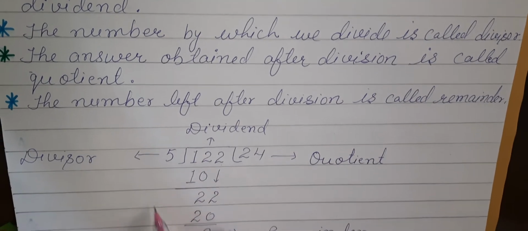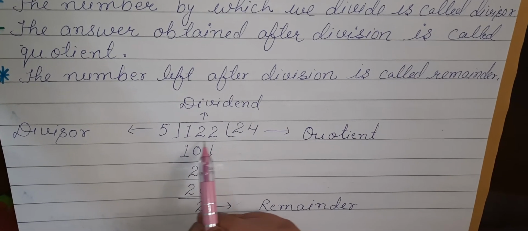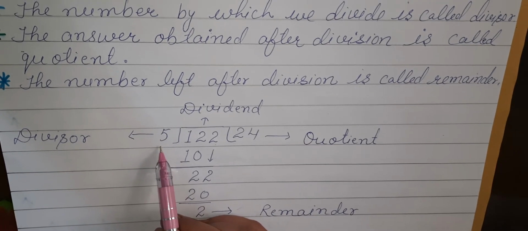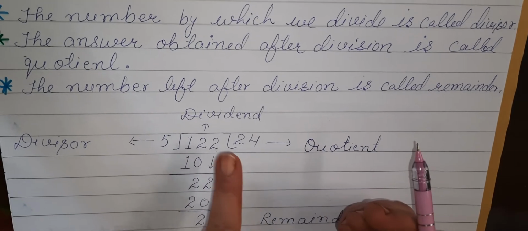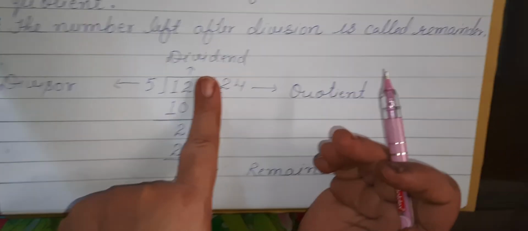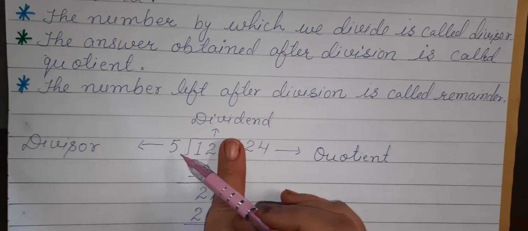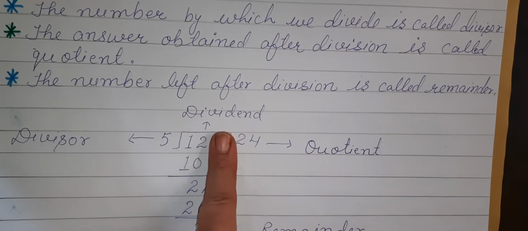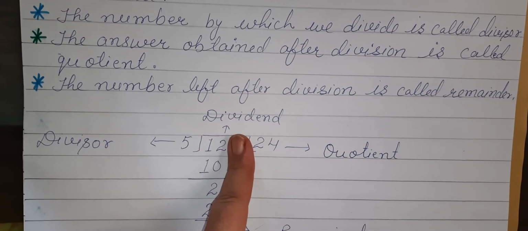Now see how we do this. It is our dividend. It is our divisor. We have to count the table of the divisor, 5. First we will take 12. We have to count the table of 5 and write a number equal to or less than 12.